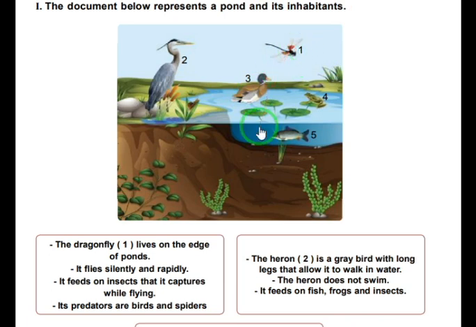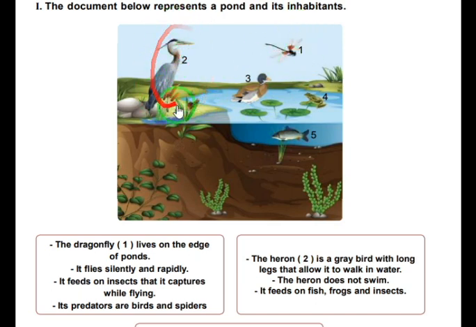It flies silently and rapidly. It is so fast. What does it feed on? It can feed on insects that it captures while flying. Its predators are birds and spiders. It means that birds and spiders can feed on this dragonfly.